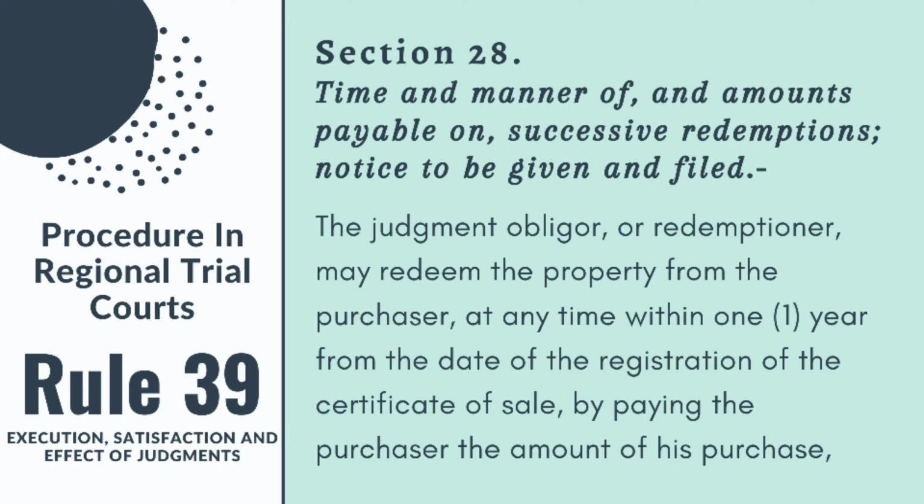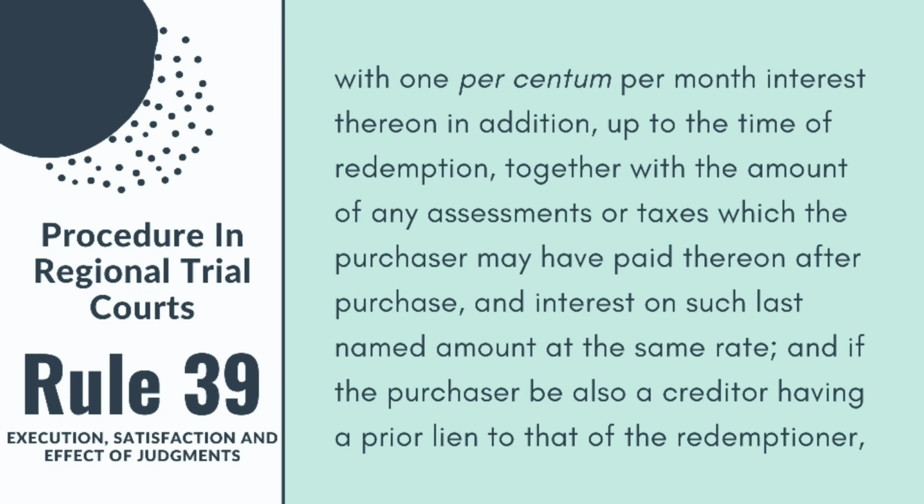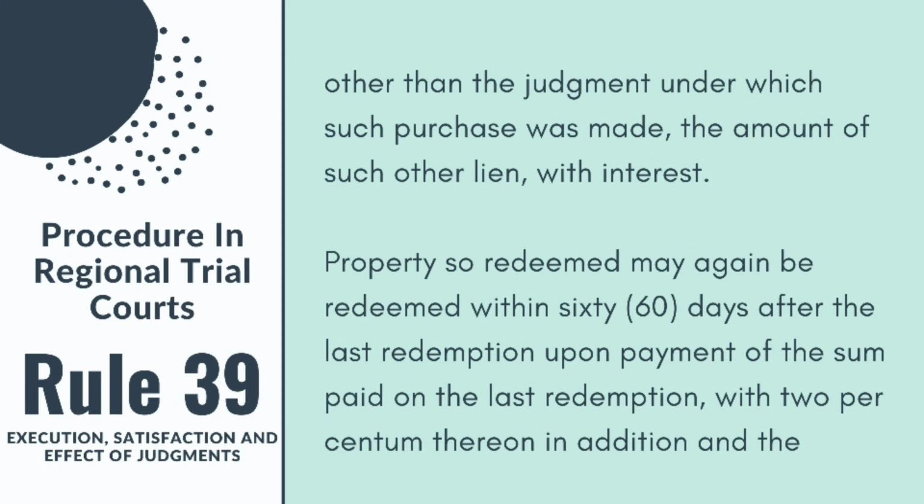The judgment obligor, or redemptioner, may redeem the property from the purchaser, at any time within 1 year from the date of the registration of the certificate of sale, by paying the purchaser the amount of his purchase, with 1% per month interest thereon in addition, up to the time of redemption, together with the amount of any assessments or taxes, which the purchaser may have paid thereon after purchase, and interest on such last named amount at the same rate, and if the purchaser be also a creditor having a prior lien to that of the redemptioner, other than the judgment under which such purchase was made, the amount of such other lien, with interest.